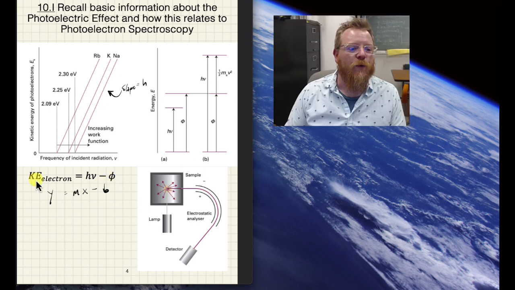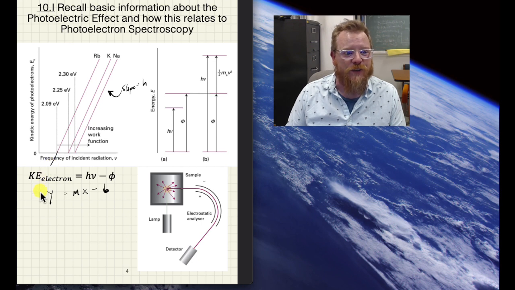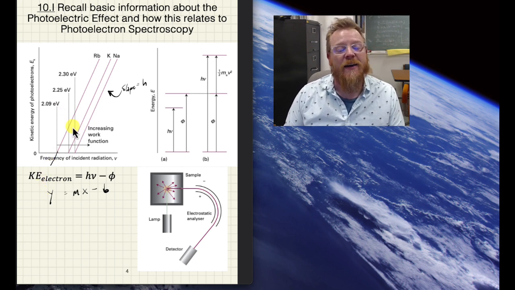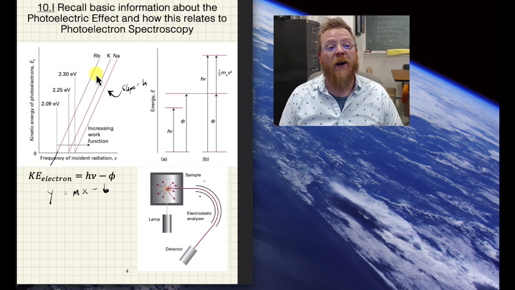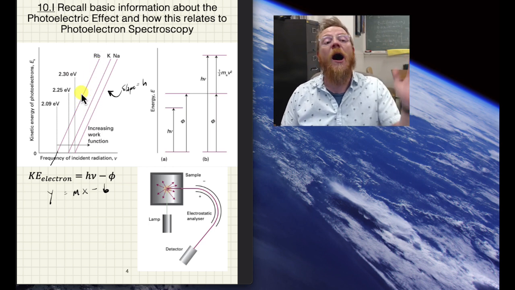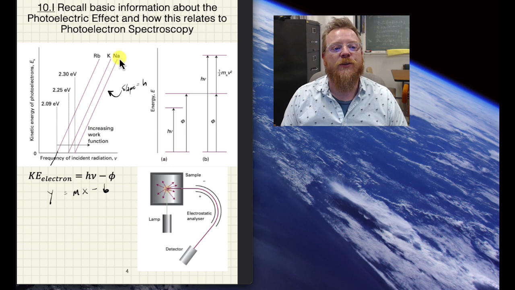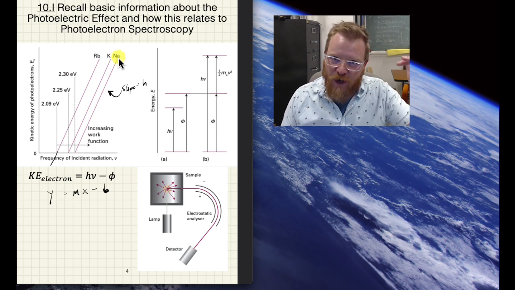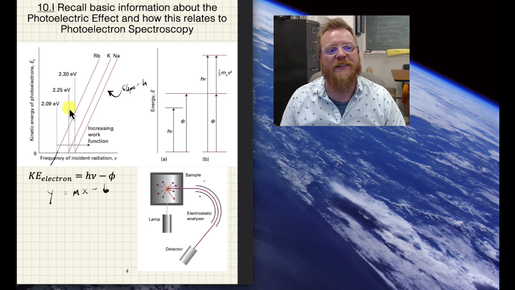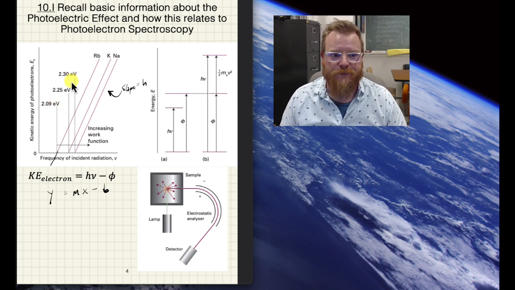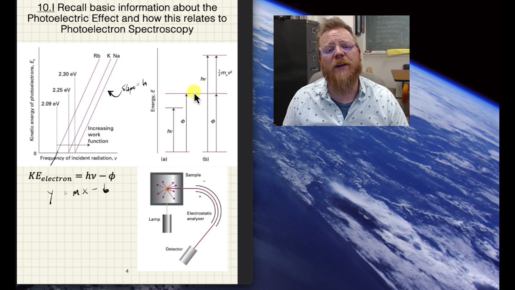If I trace these all the way down to their y-intercepts, we can see this lovely periodic trend is preserved where ionization increases as we go up and to the right. Sodium is higher up on the table than potassium, than rubidium, and you can see as we go up, that trend is preserved.